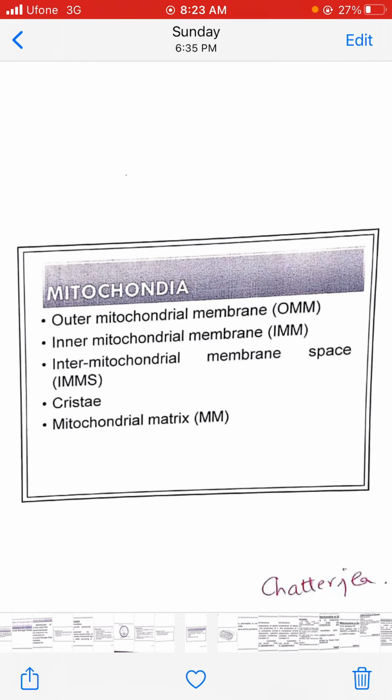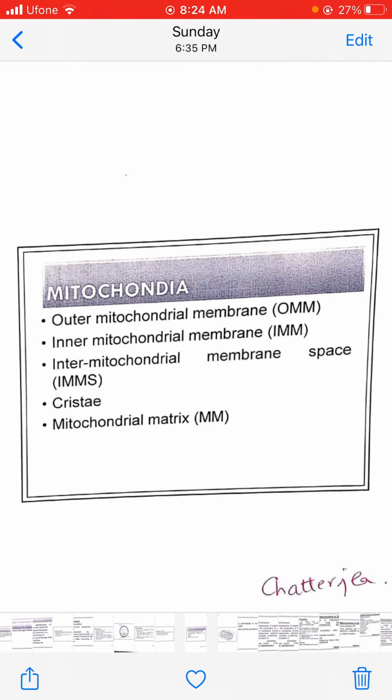Now talking about another very important organelle, which is the mitochondria. The mitochondria is basically the powerhouse of the cell. You have studied mitochondria in detail many times. Whenever we discuss an organelle, we start by discussing its structure and function.